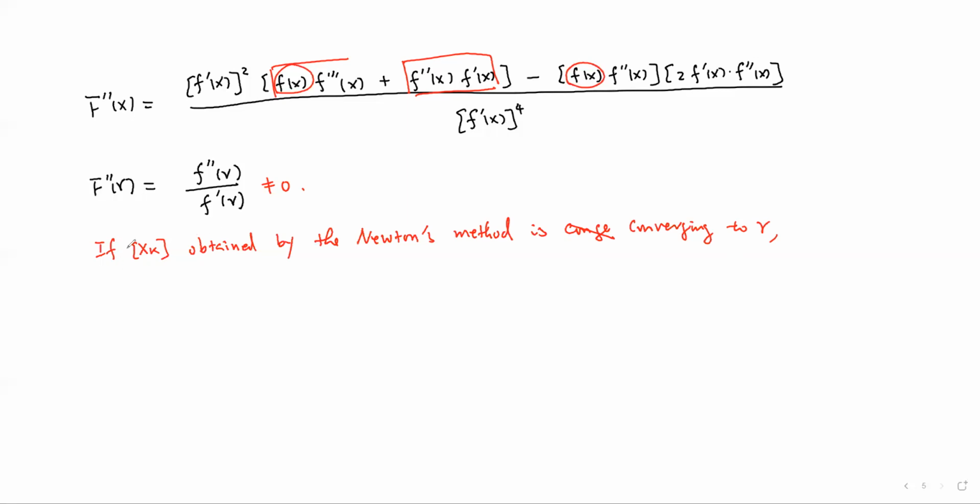So we assume the sequence obtained by Newton's method is converging to R, this root.